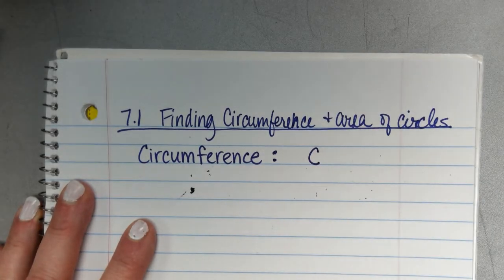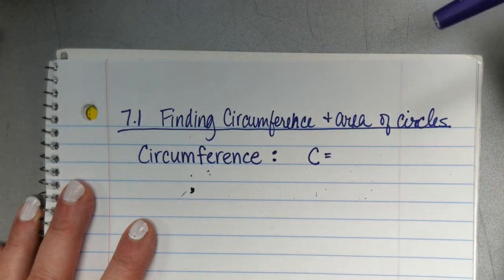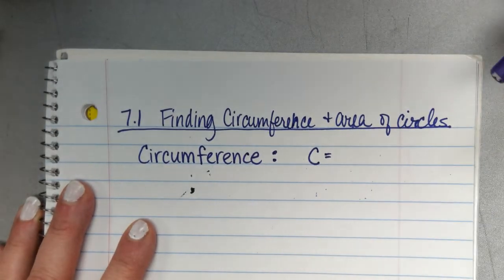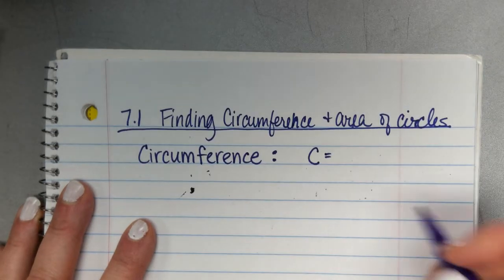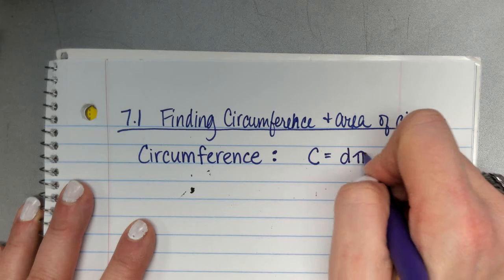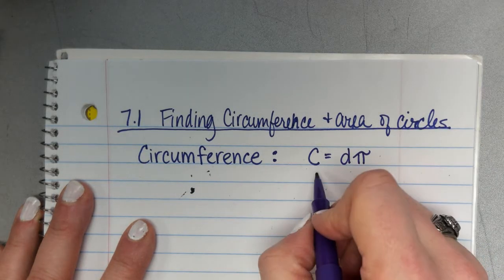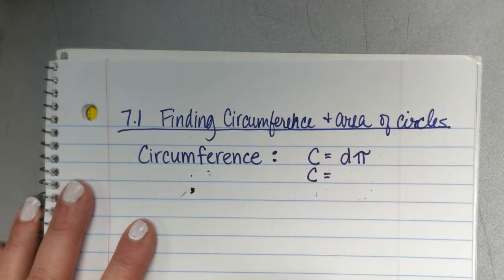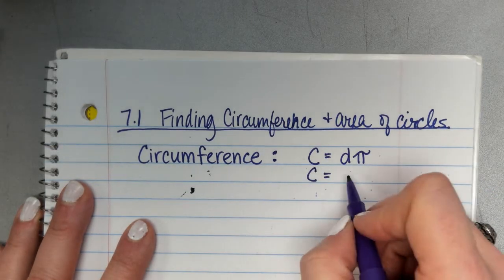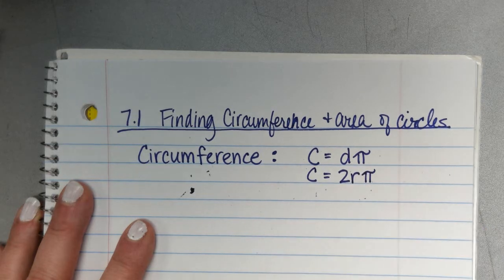We note circumference with a big C. So C can equal, stop auto zooming, stop it. Okay, C can equal D times pi. We'll talk about those parts in just a little bit. And you can also find circumference using the formula 2r times pi.